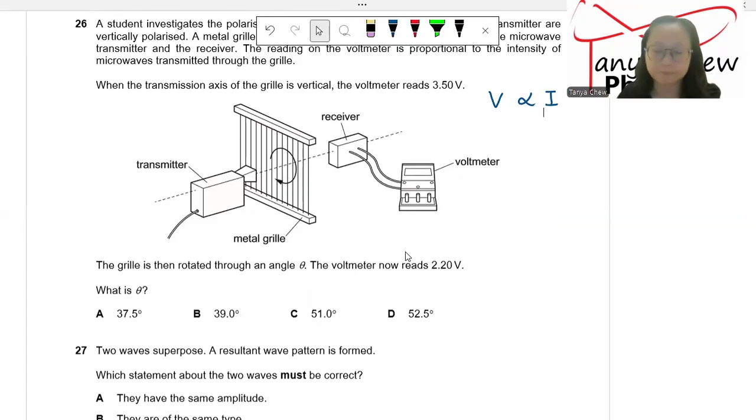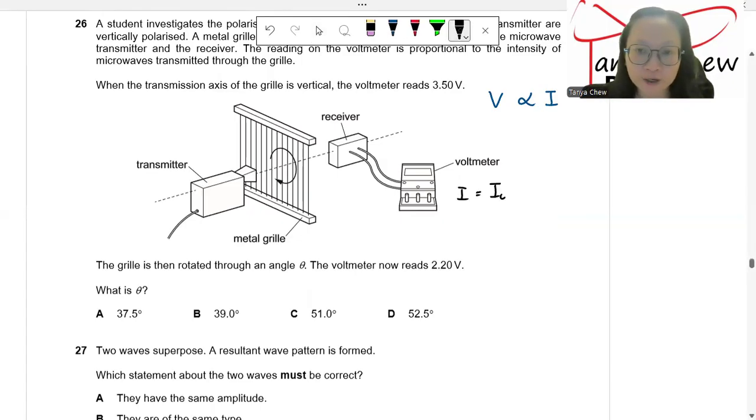What is theta? I am going to use this equation. I is equal to I naught cos square theta. Since the voltmeter reading is proportional to the intensity, I am definitely going to replace this with V equal to V naught cos square theta. Now the initial reading is 3.5 and then rotated, the reading is 2.2 cos square theta.